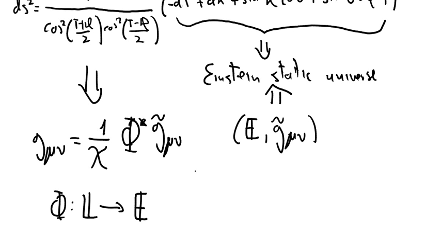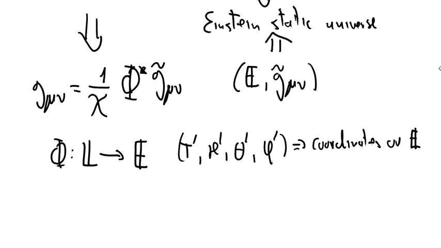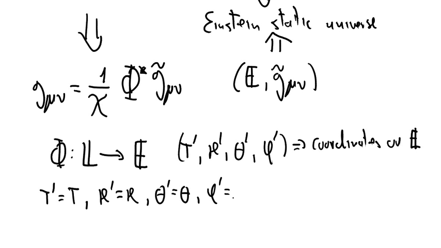If we agree that T prime, R prime, theta prime, and phi prime correspond to coordinates on the Einstein static universe, then it turns out that the map defined in this way is a map.